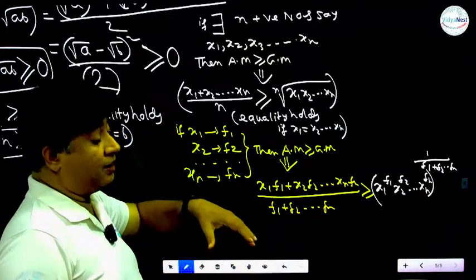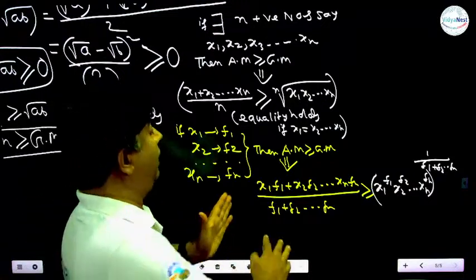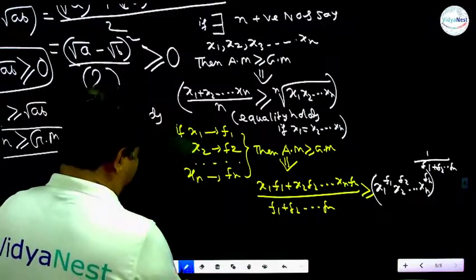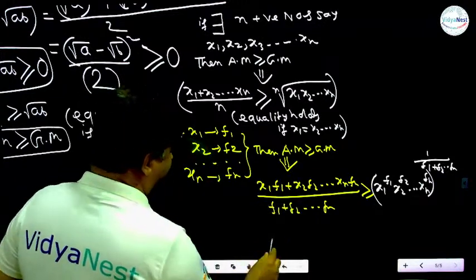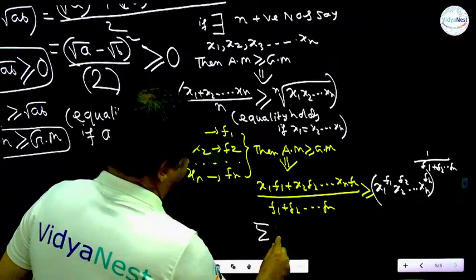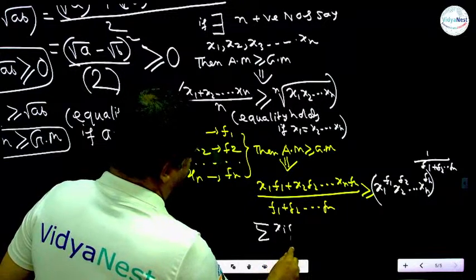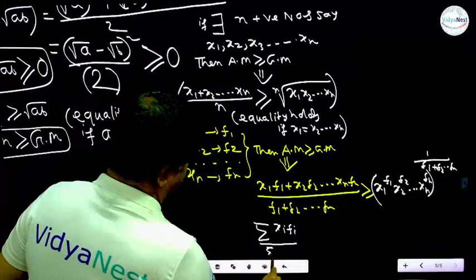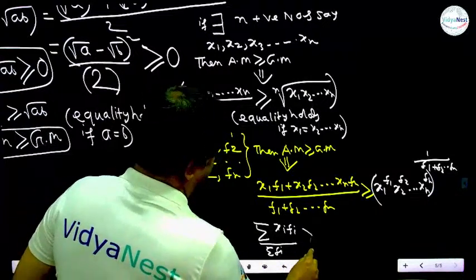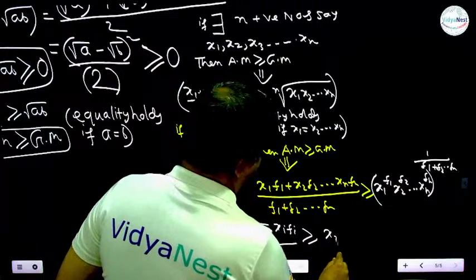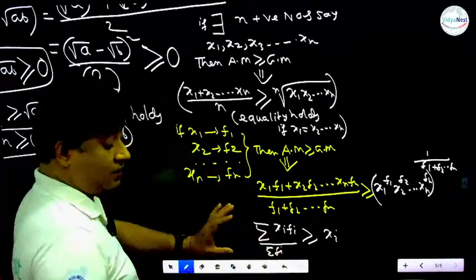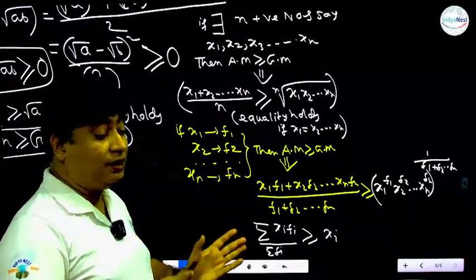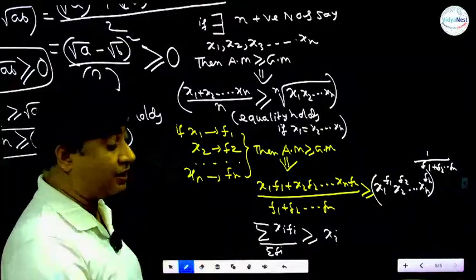So can I express it in a much more reduced form? Yes, we can express it by summation xi fi by summation of fi greater than or equal to what is the, see, summation, sigma means summation. Can you tell me how I can write the product?